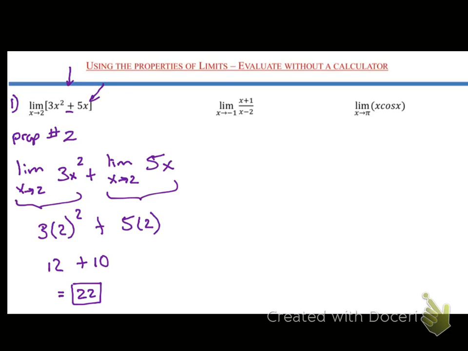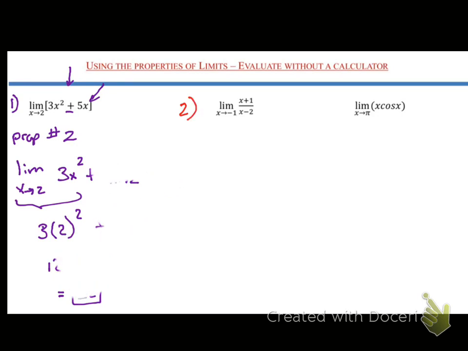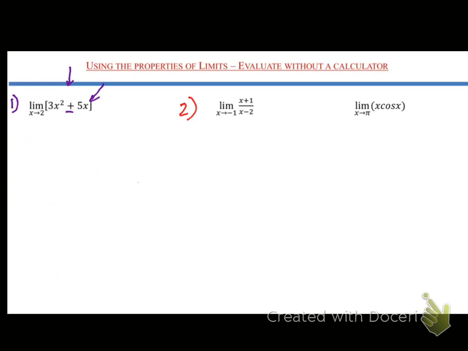Okay, for the second example, so we're going to call this our second, and I'm going to need some more room, so I'm going to erase our previous work. And here we have a rational function, and if we take a look at this, we notice that we're interested as x is approaching -1.